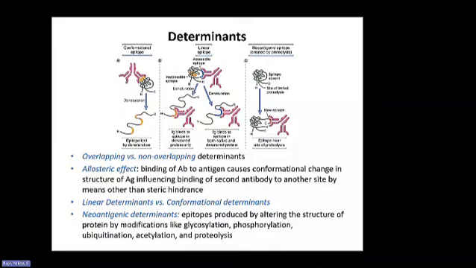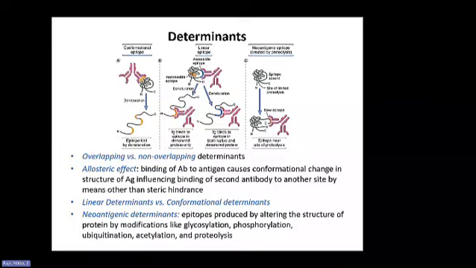So if there are overlapping determinants and one determinant is bound, the other cannot be bound by another antibody. That's called overlapping antibody determinants, right? That's basically a steric hindrance. That means that if one is bound, the other cannot bind because it's not possible.